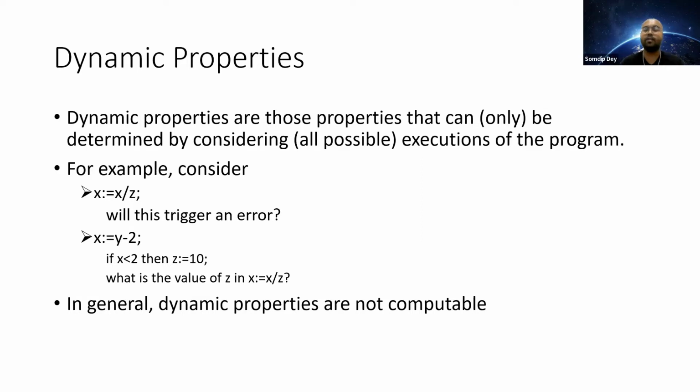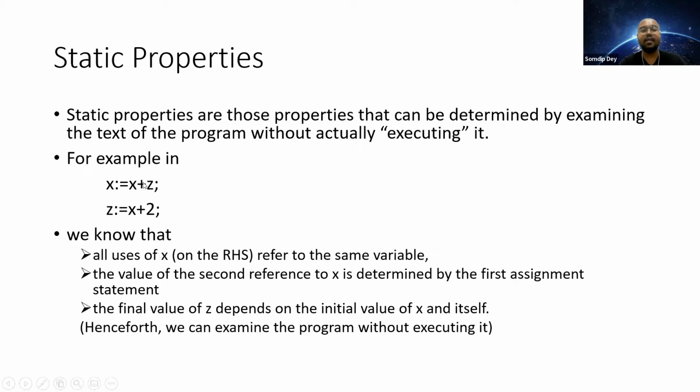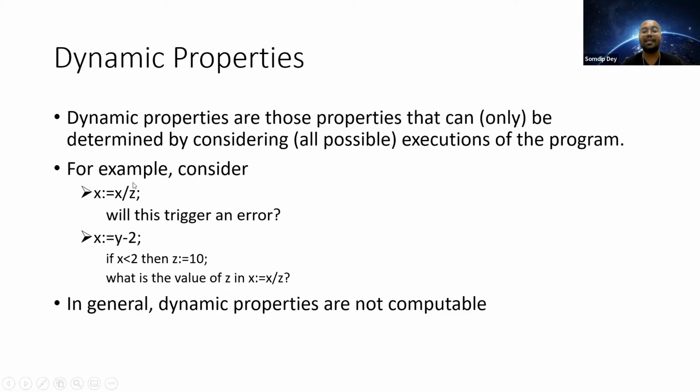That is the main difference. In static, say if you do plus or minus, right? Doesn't matter what you do plus or minus with, usually the return type or the type of the variable still remains the same. It's only when it comes to division that you have to consider all the values of, let's say, z in this case, to be able to determine whether the type of x will throw an error or not.